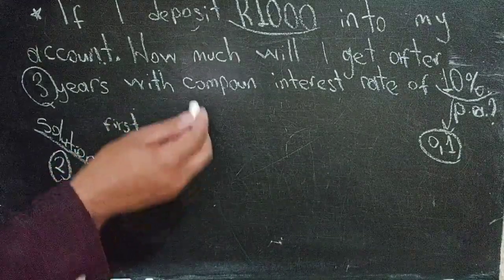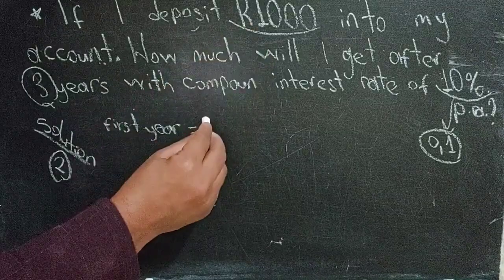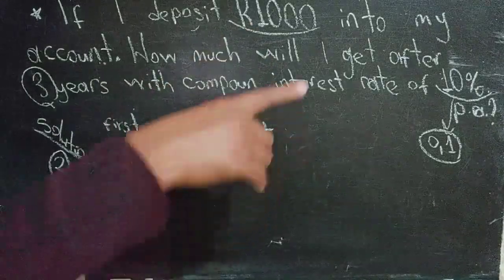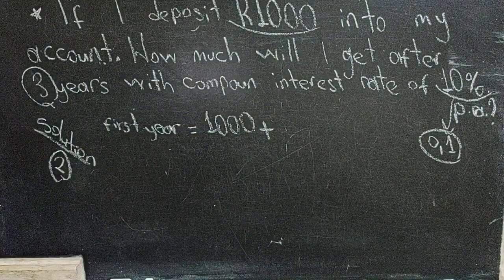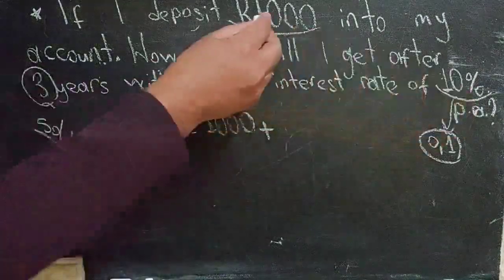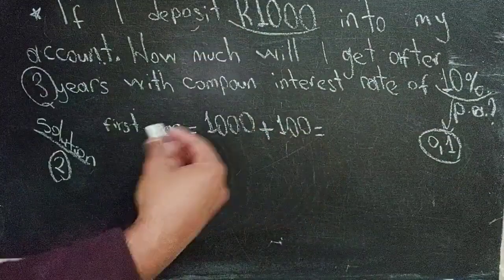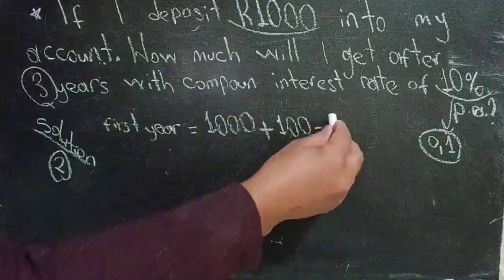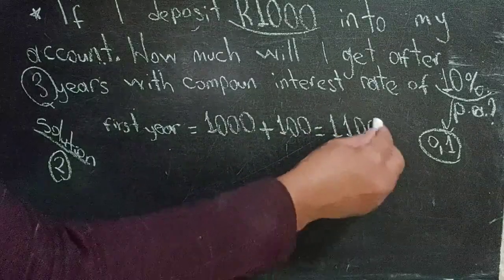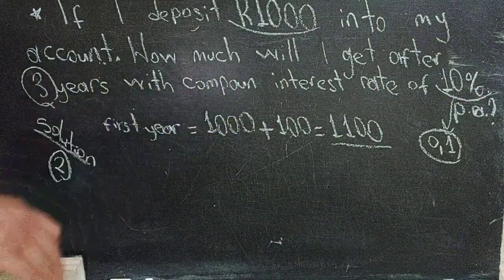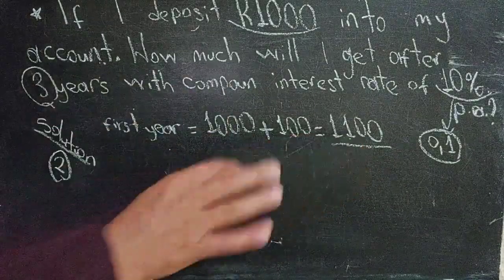You will have the previous amount, which is 1000 rand, plus 10% of it after 1 year. 10% of 1000 is going to be 100. Add them up, which is going to be 1100 rand. After 1 year, you see your amount is different, not 1000 now.